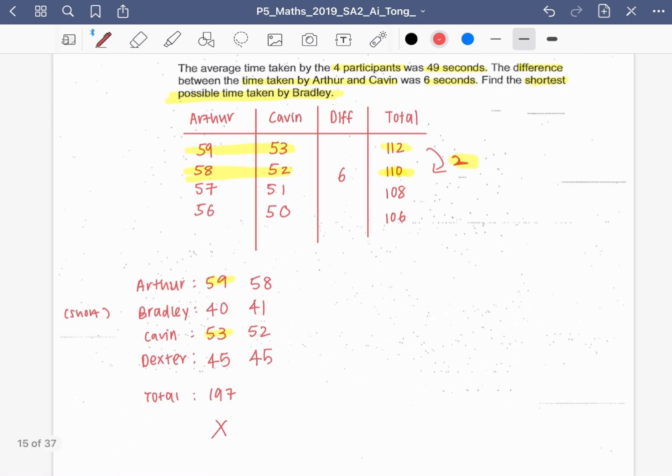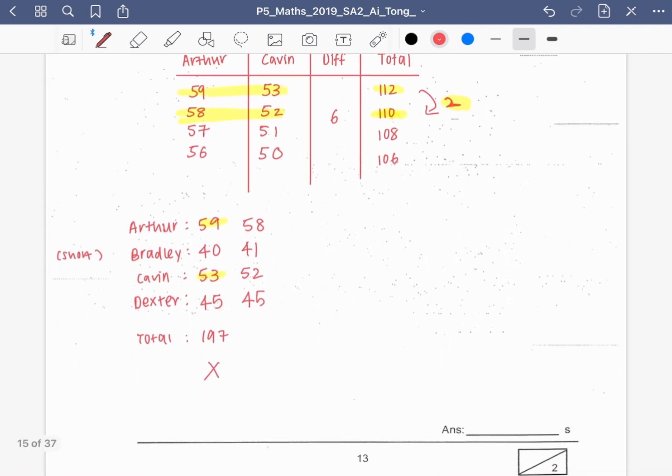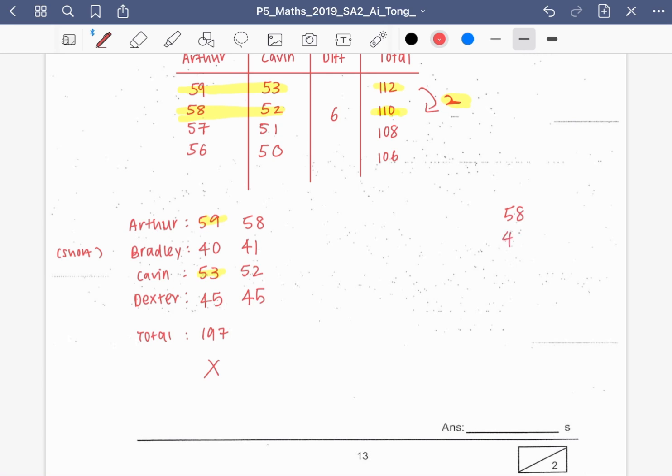Okay, let's just try it. 58. 16. 19. Ah, yes. 196. That means the shortest that Bradley can go is 41. 41 seconds. Right?